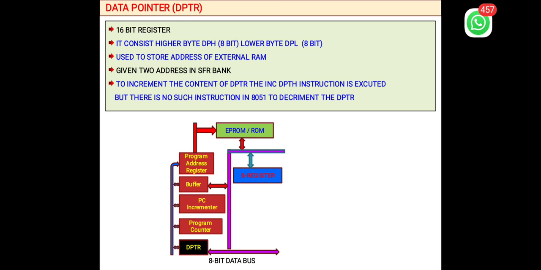Important point: to increment the content of DPTR, the INC DPTR instruction is executed, but there is no such instruction in 8051 to decrement the DPTR.